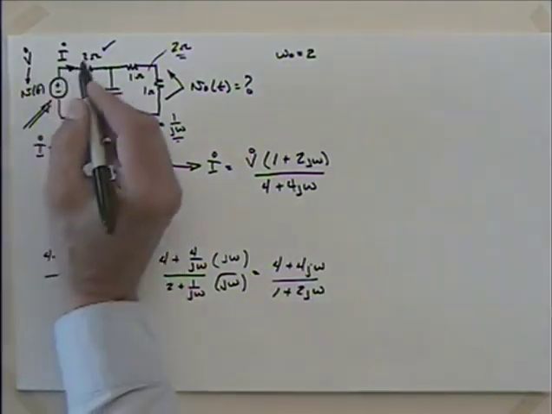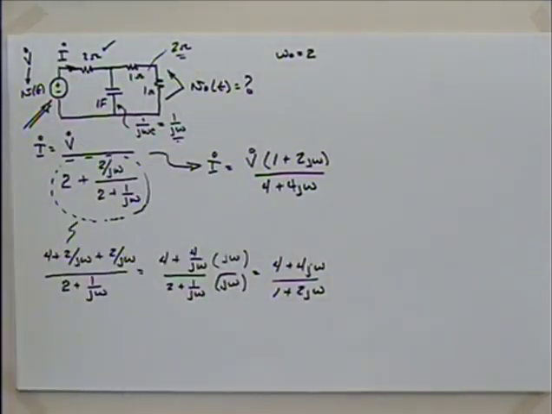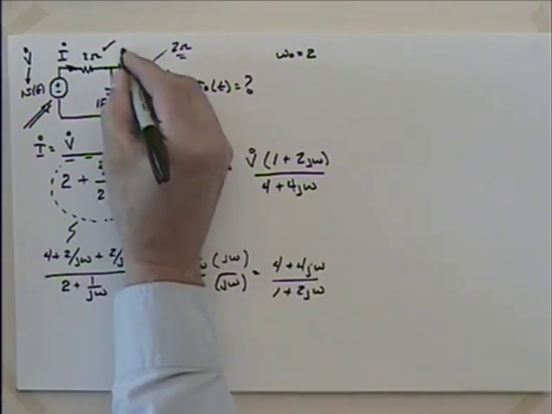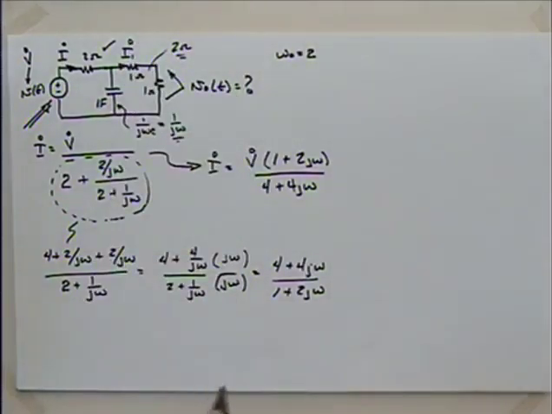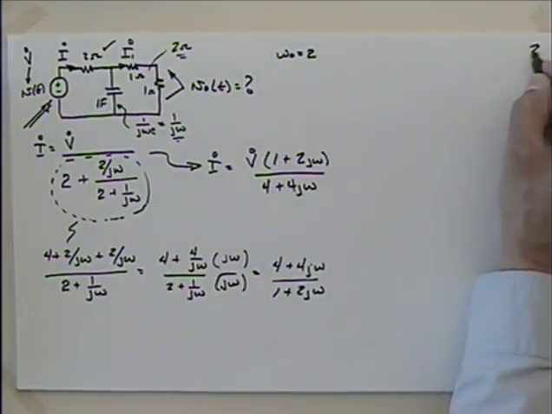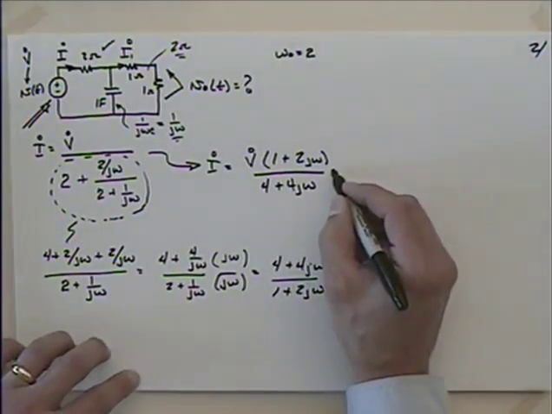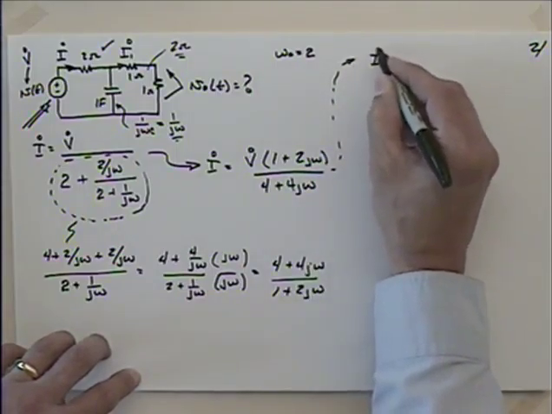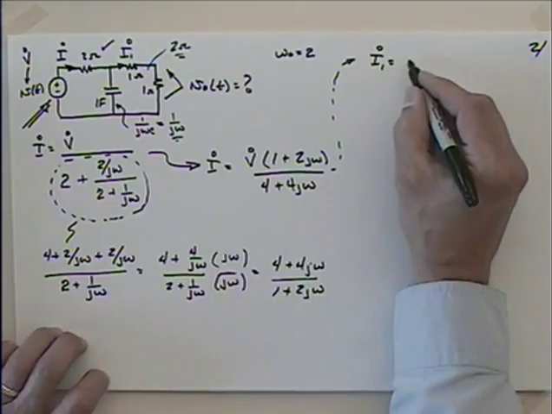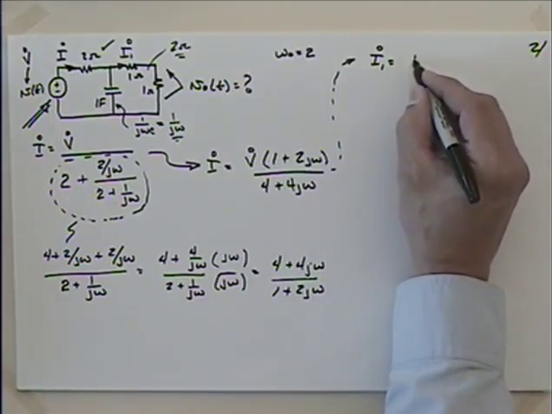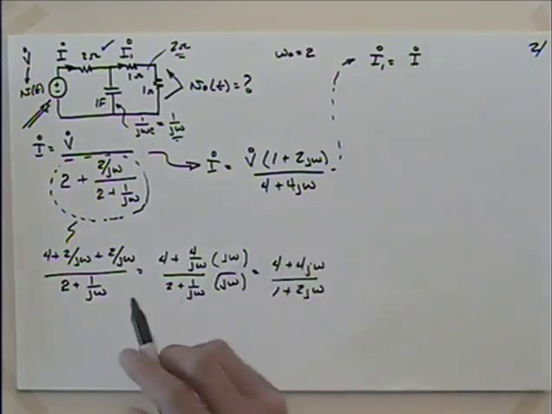Okay, so that's the current there, and maybe we want to come up with the current here. Maybe I'll define this as I1. So I can say that I1 is going to be that current I times what?